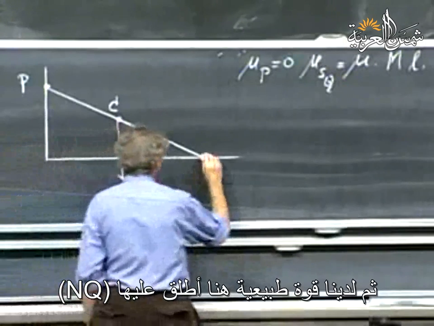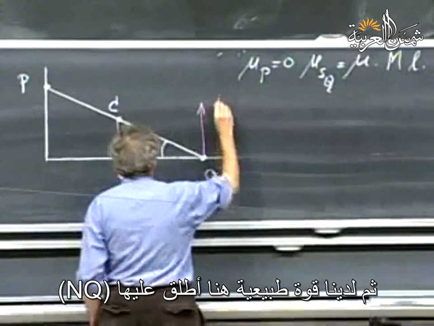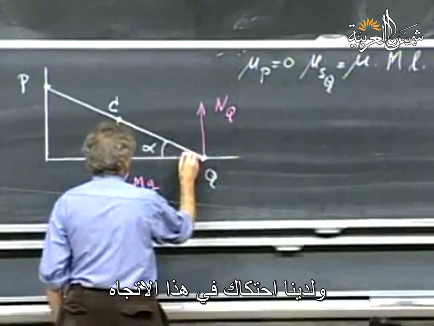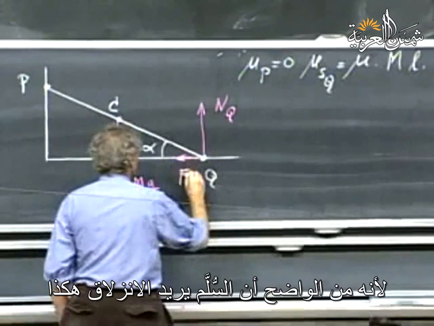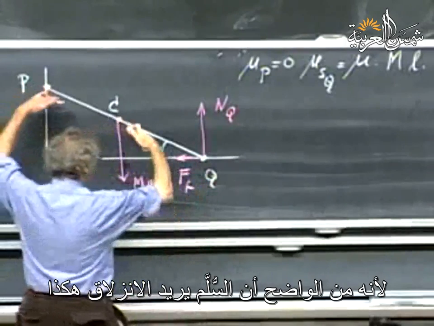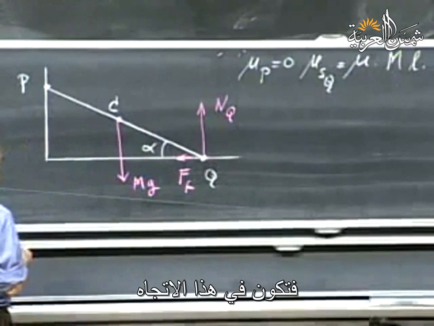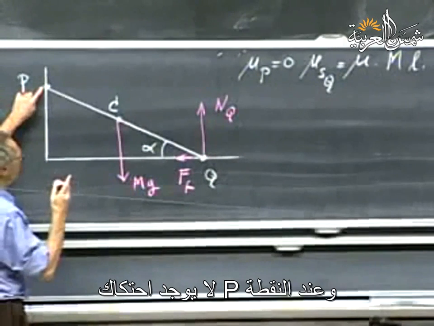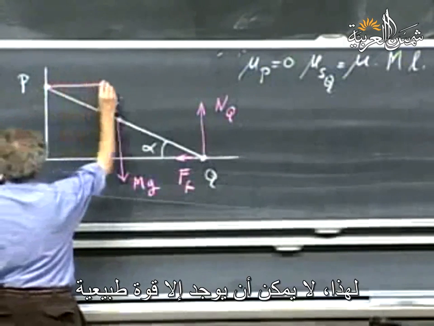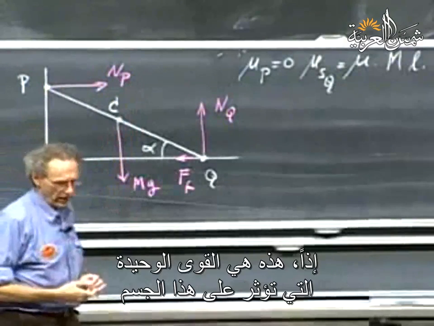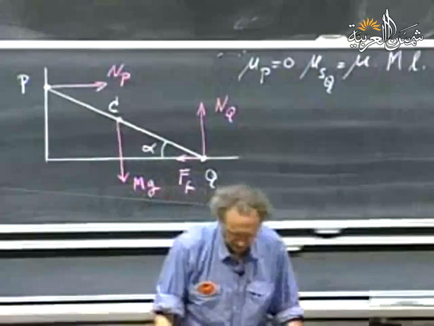Then we have a normal force here. I call that N of Q. We have friction in this direction, because clearly the ladder wants to slide like this, so the frictional force will try to prevent that, will be in this direction. At point P there is no friction, so there can only be a normal force, and I call that N of P.